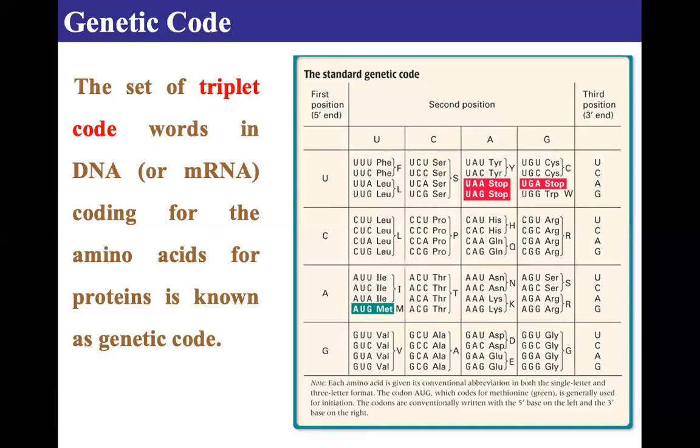So there are some rules. You can see these sequences, three letters. For example, cytosine, uracil recruit leucine, like that.